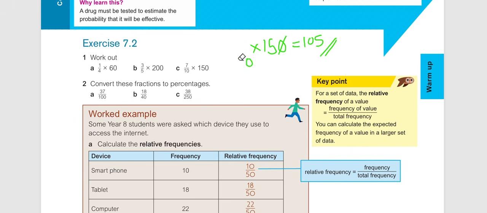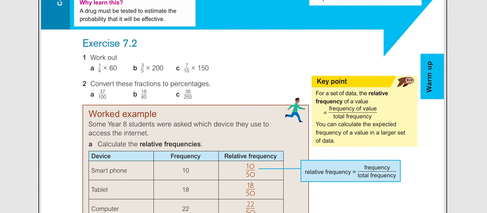Right, now let's move on to question 2 and see if you can get the answers there. Convert these fractions to percentages. Have you done those questions? Yes.